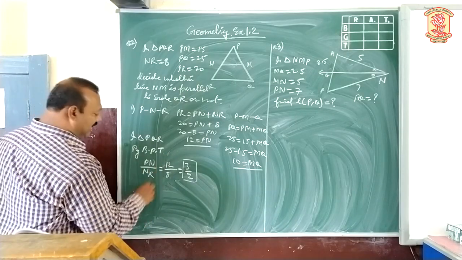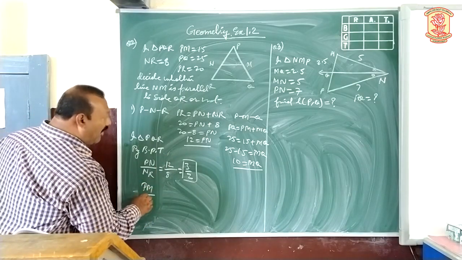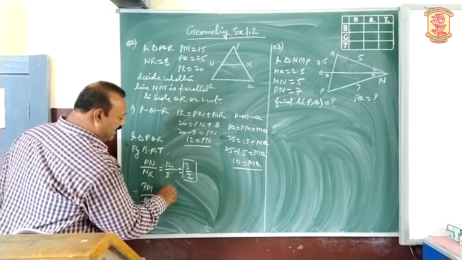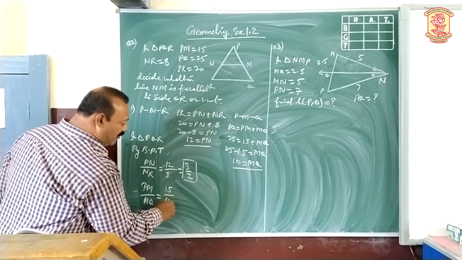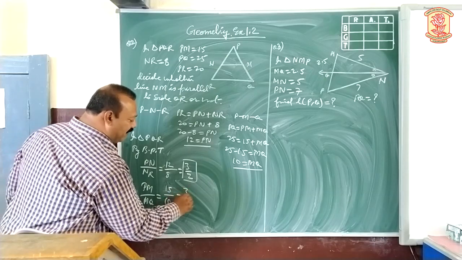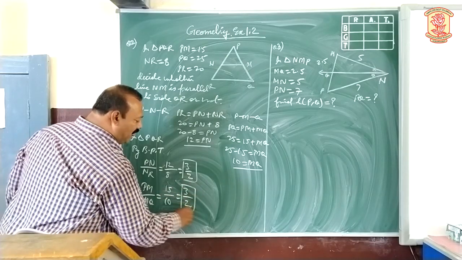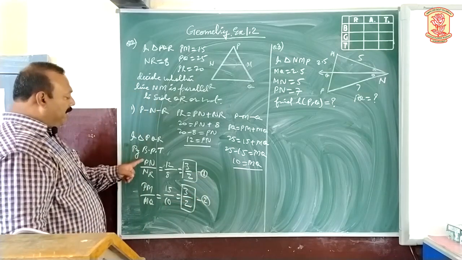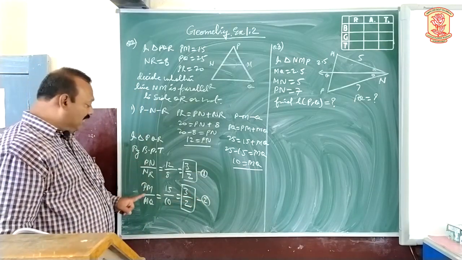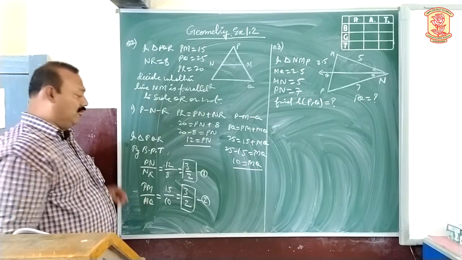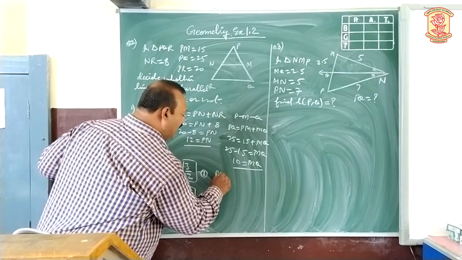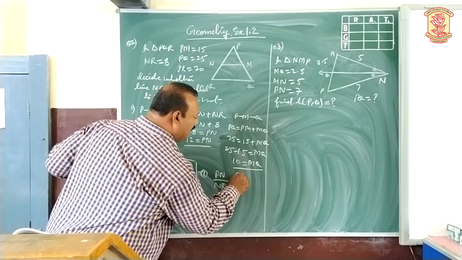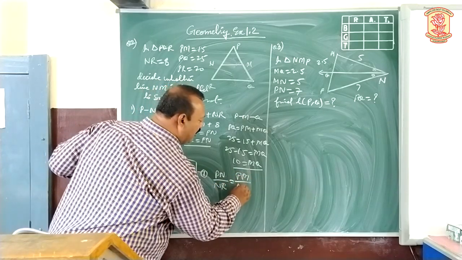Second ratio on the other side, PM upon MQ, value of PM 15. What is the value of MQ? 10. Now 5 3s are 15, 5 2s are 10. This is first, this is second. PN upon NR equals PM upon MQ.